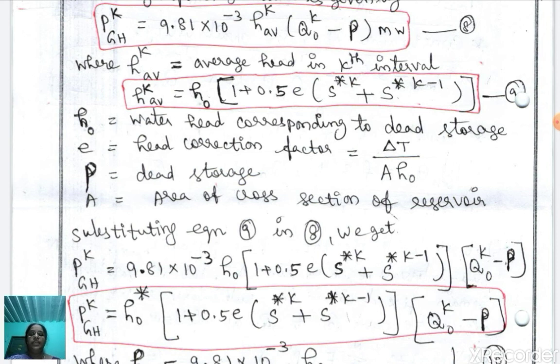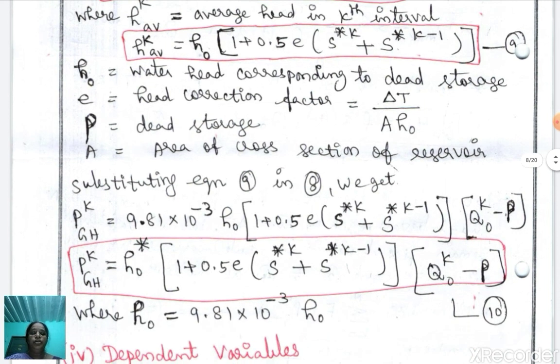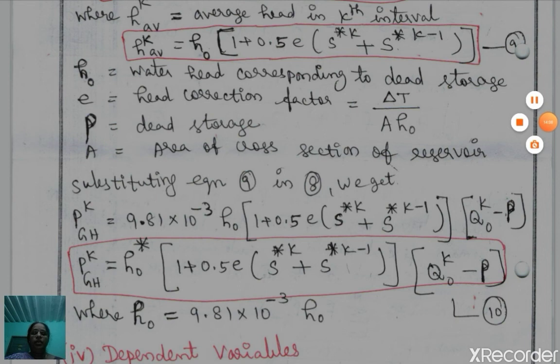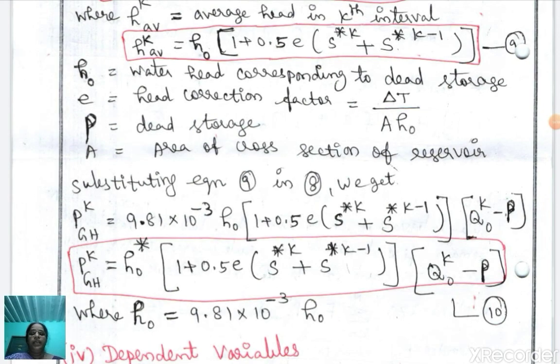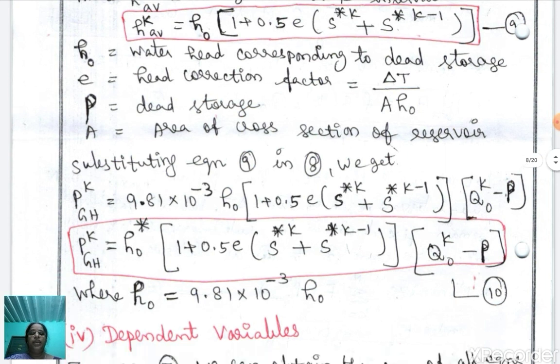Therefore, Pgh power k equal to H naught asterisk into 1 plus 0.5 E into S asterisk k plus S asterisk k minus 1 into Q naught k, where H naught asterisk equal to 9.81 into 10 to the power minus 3 H naught.